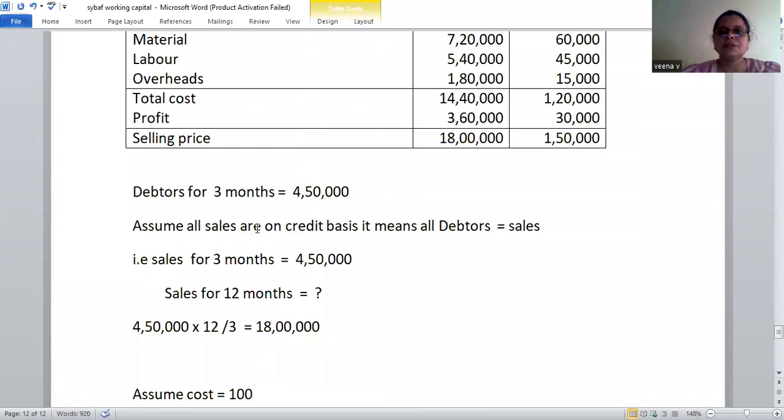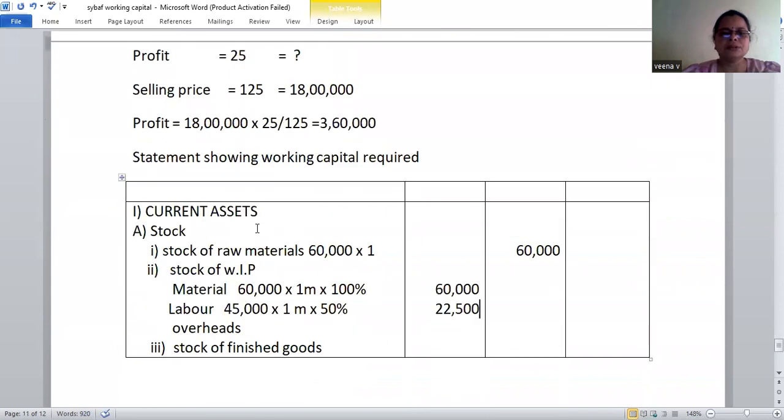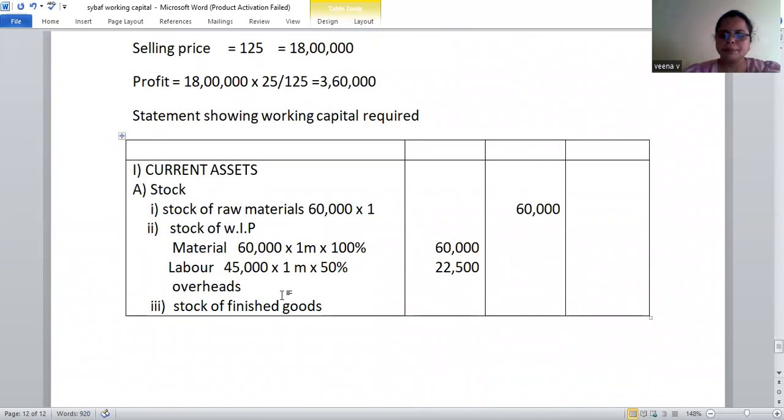Again, overheads for 1 month is given 15,000. So it will be 15,000 into 1 month into 50%, that is equal to 7,500.